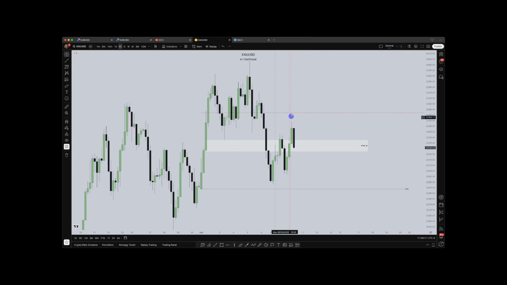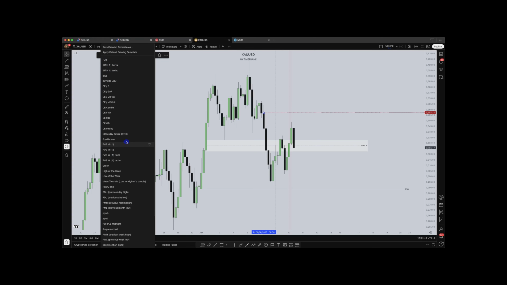So I'm interested in this level, which is the consequent encroachment of the weekly wick.